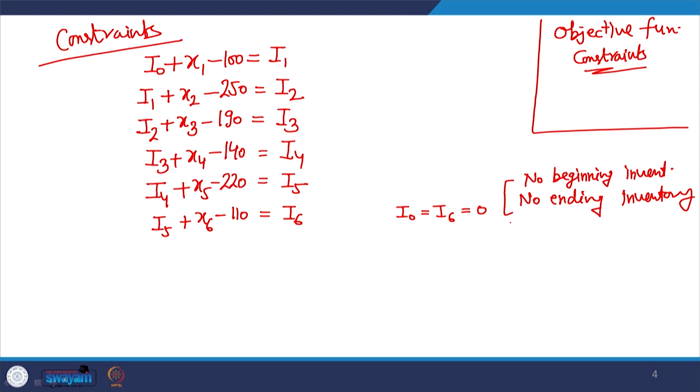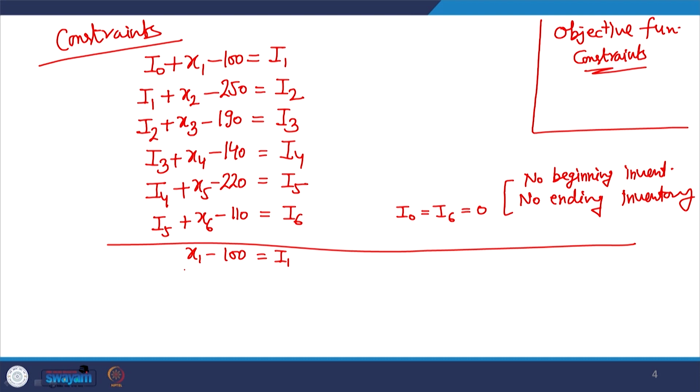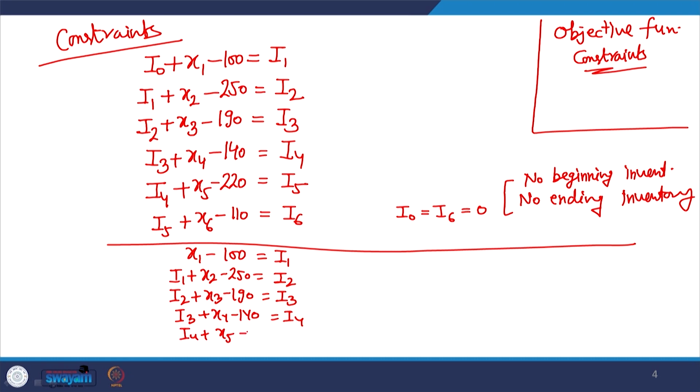So, you can simplify these constraints in such a manner that your final model is: x1 minus 100 equals I1, I1 plus x2 minus 250 equals I2, I2 plus x3 minus 190 equals I3, I3 plus x4 minus 140 equals I4, I4 plus x5 minus 220 equals I5, and then I5 plus x6 minus 110 equals 0.